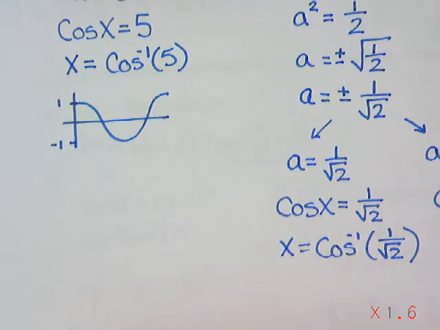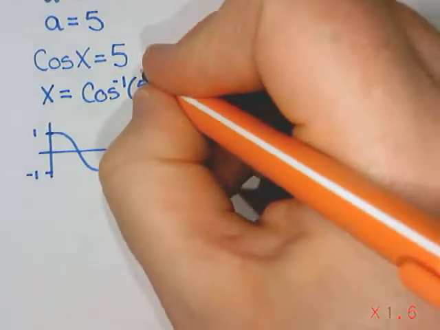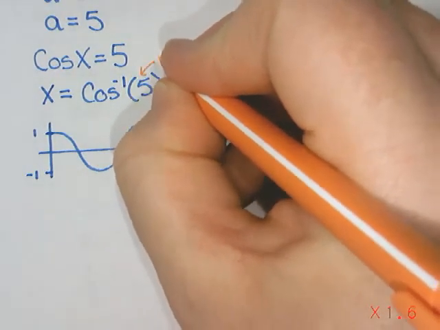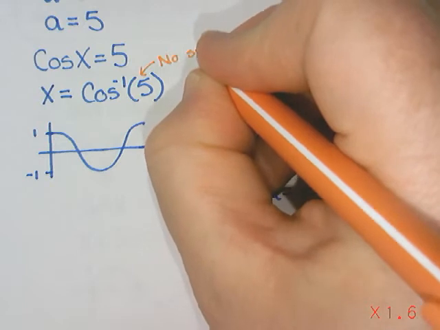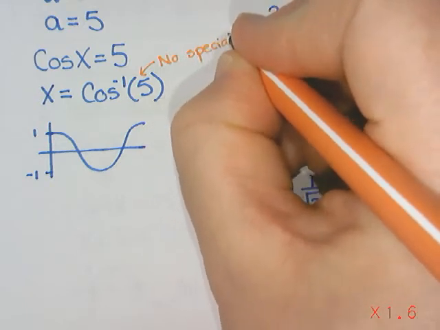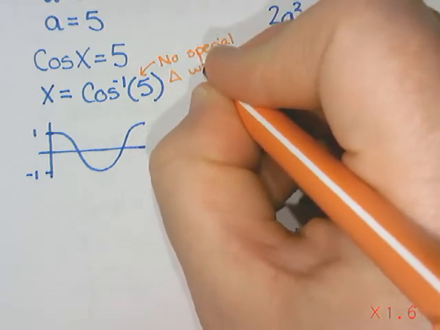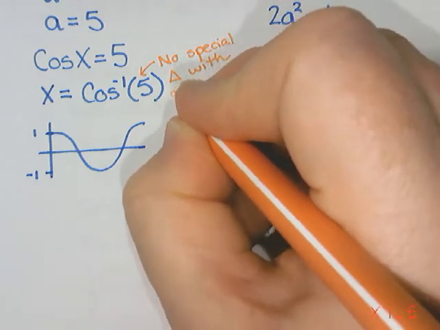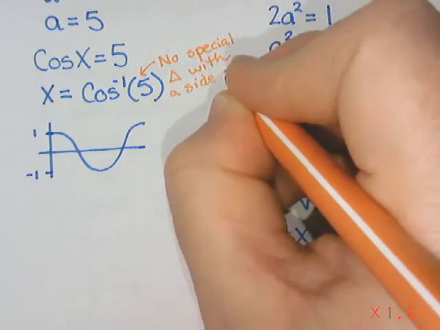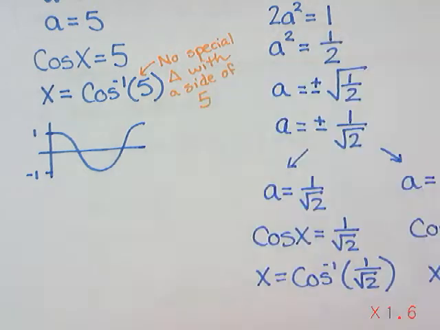So I am going to make a little note to my future self that there is no special triangle with a side of 5, which means right now, without a calculator, I would not be able to solve this.